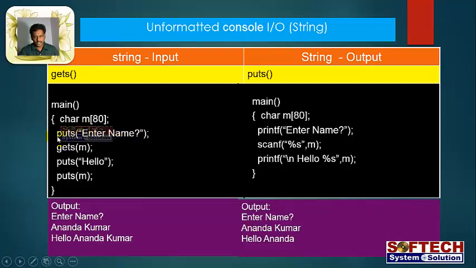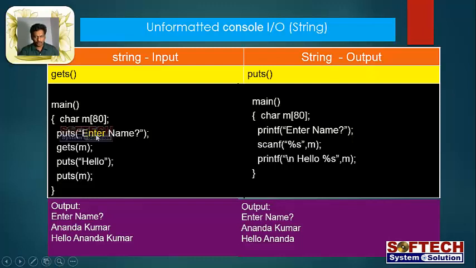But there is some difference between printf and puts. Puts displays the string on a separate line, then the cursor goes to the next line. So puts displays a string on a separate line. But printf displays continuously on the same line.